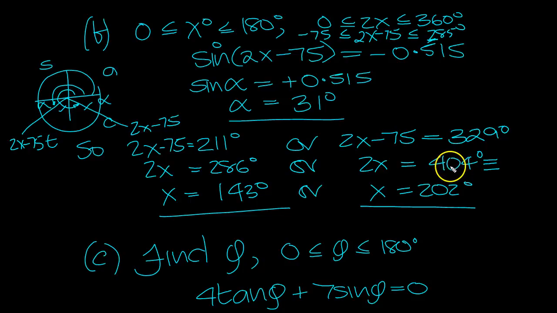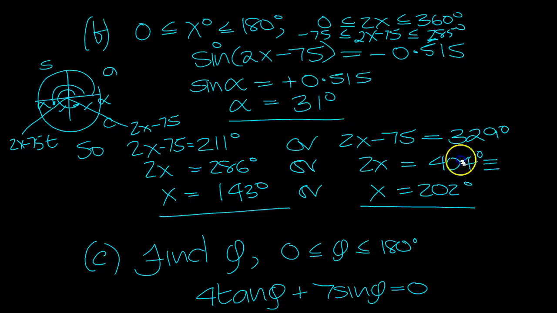Okay. But the only solution is x between 0 and 360. So this corresponds to 2x. That's fine. 329 is fine because it's within the said range for 2x. But it says that it goes to 285, which is too big. So that isn't a solution.